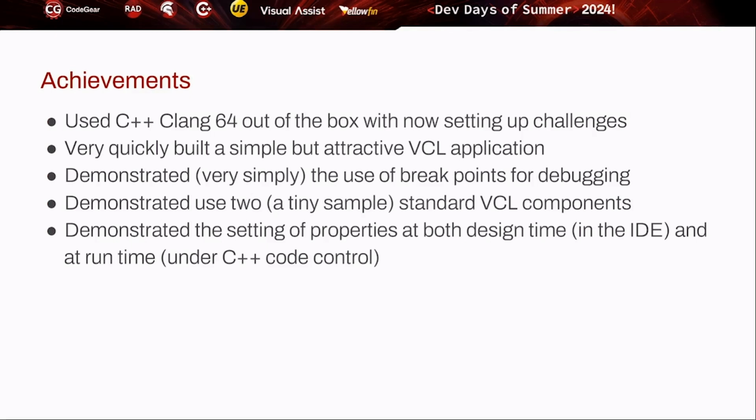So we've obtained the Embarcadero RAD Studio or the C++ Builder IDE, the development environment. We've started it up and we've gone straight ahead and built C++ code based exe files targeting Windows using the Clang 64-bit compiler without any real tweaking or setting up at all. It works straight out of the box.